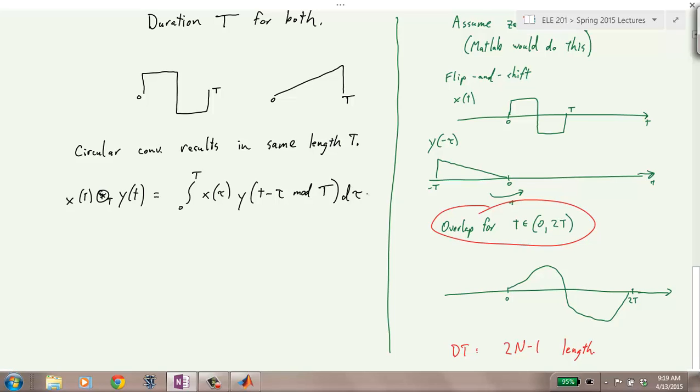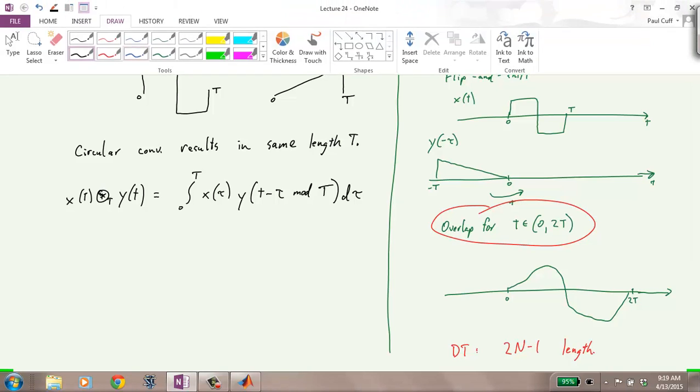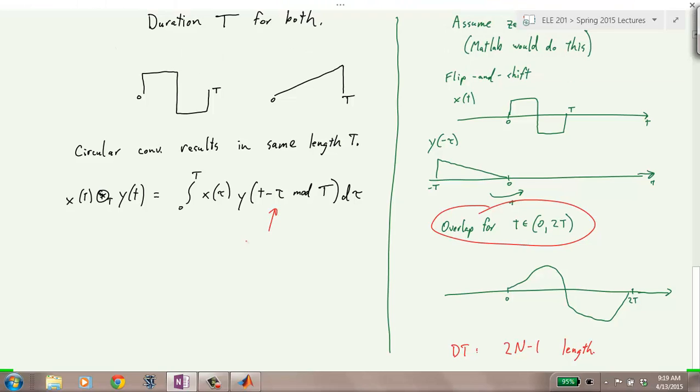So it looks just like the convolution integral from 0 to T, except what I'm saying here is add or subtract multiples of capital T to make the argument within the range 0 to T. In other words, choose any integer k such that this is in the range 0 to T. That's like defining a periodic extension.